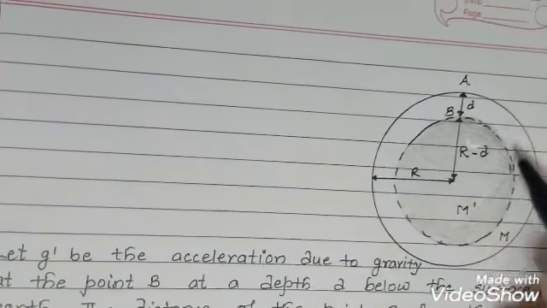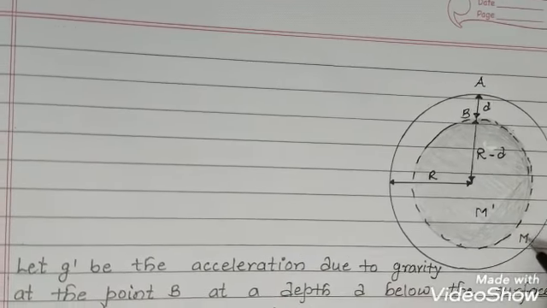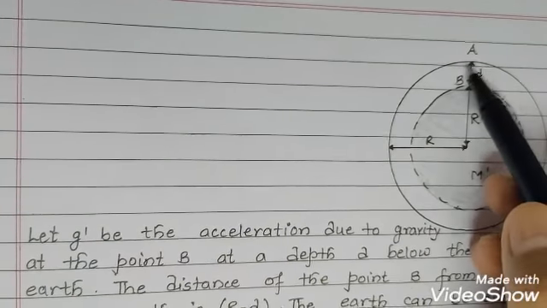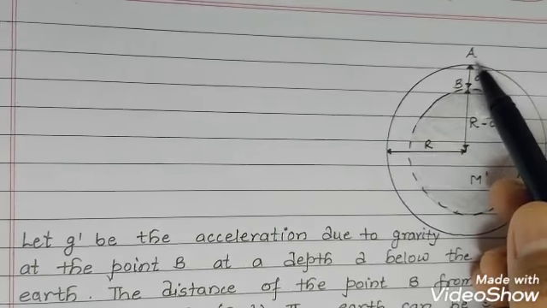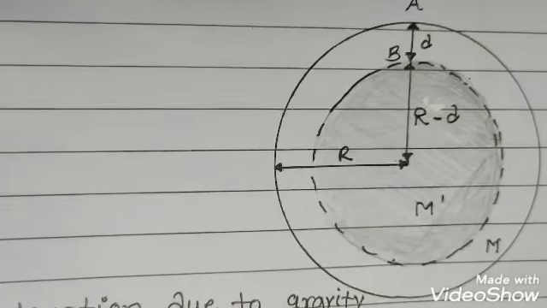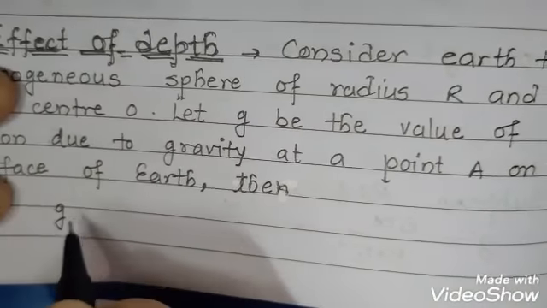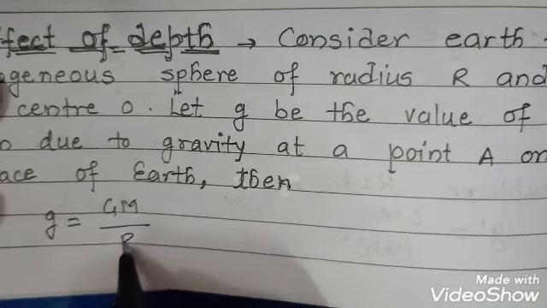Look at here, this is earth and the mass of earth is m. The radius of earth is r. At point A, if any object of mass m is kept here, then the acceleration due to gravity on the surface of earth is written by this formula, g is equal to GM upon r square.